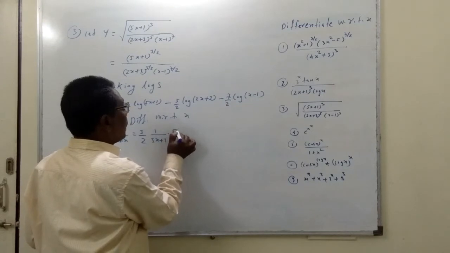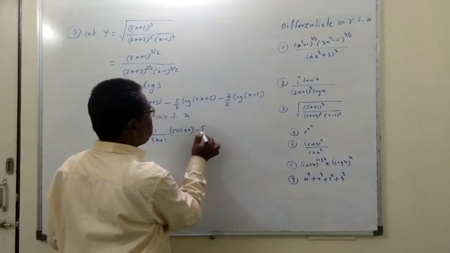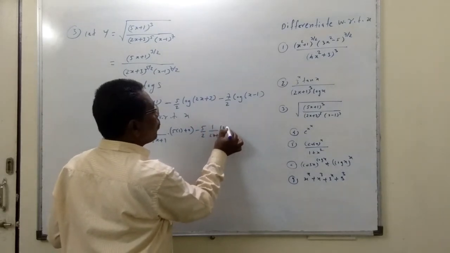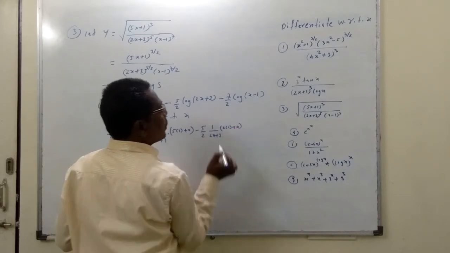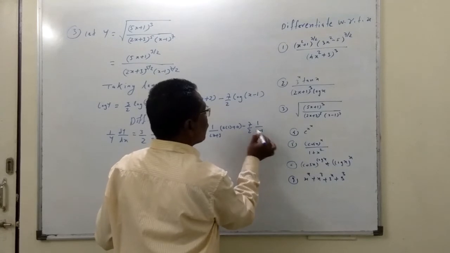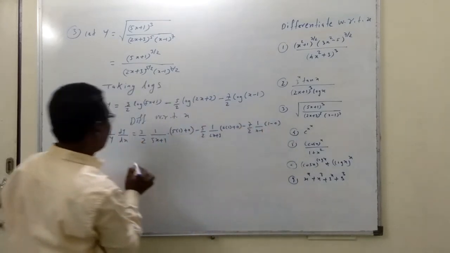So 5 constant, derivative of x is 1 plus 1 is 0, minus 5 upon 2, 1 upon 2x plus 3 into 2, derivative of x is 1 and 3 is 0, minus 7 upon 2, 1 upon x minus 1, derivative of this log into derivative of x is 1 and 1 is 0.